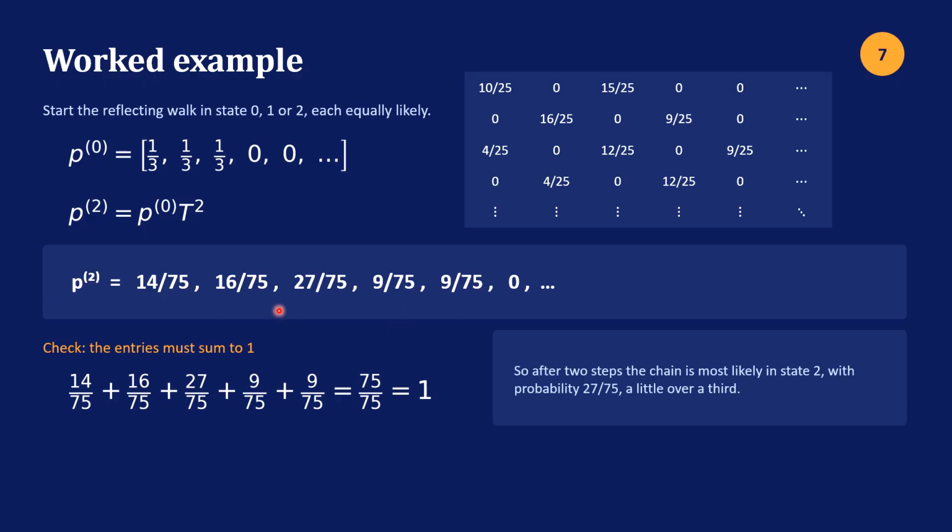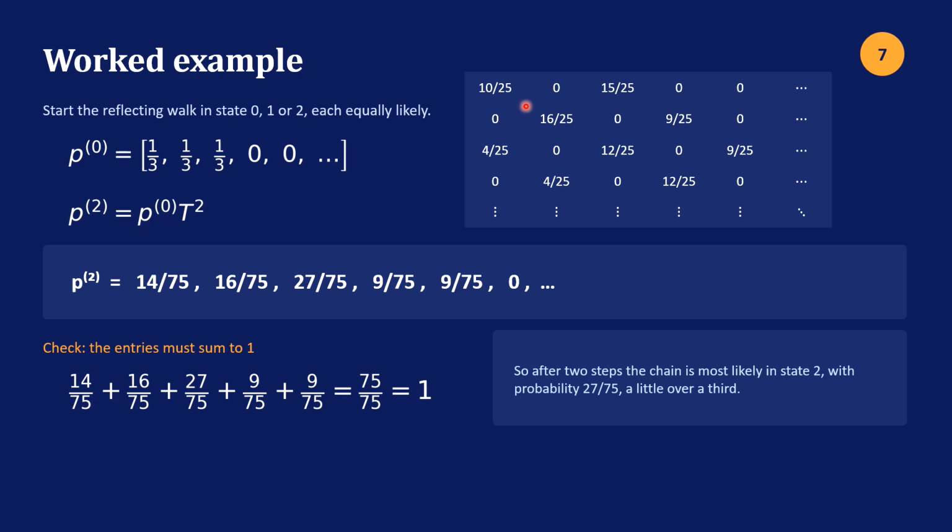So for example, the probability of being in state 2 at step 2 is 27 over 75. And the probability of being in state 3, or 4, but it's the same, is 9 over 75. And then anything beyond that, the probability is 0.